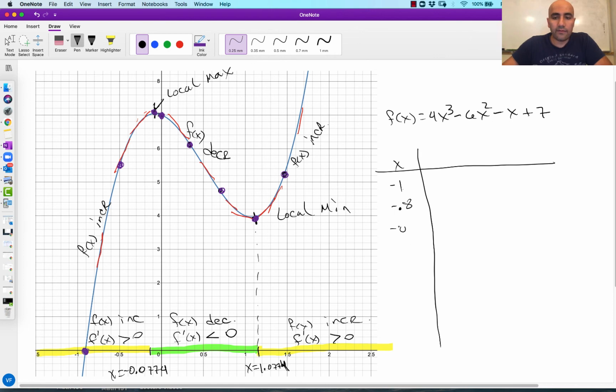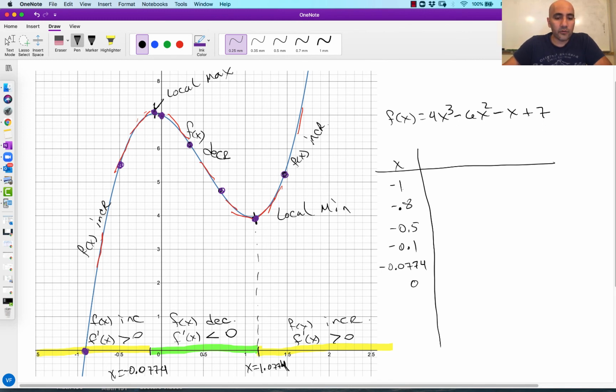About -0.5 would be a good one. About, well, something really close to that. How about -0.1? And then, of course, we know that -0.0774 is an important value. Let's let x equal 0 so I can figure out that point right there.